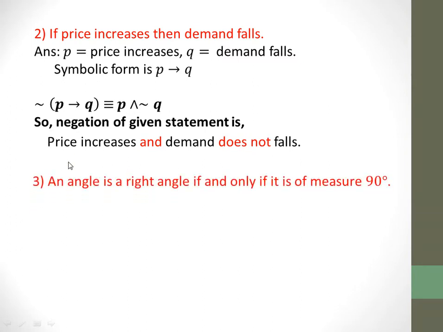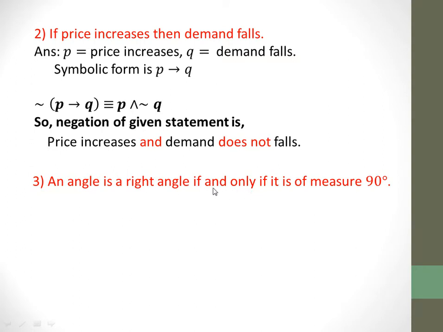Now the third example, the statement is: an angle is a right angle if and only if it is of measure 90 degrees. Here the words if and only if indicate double implication.